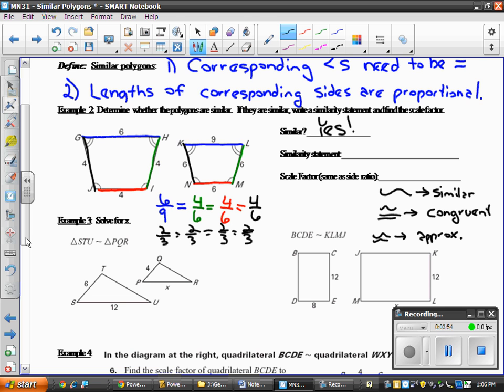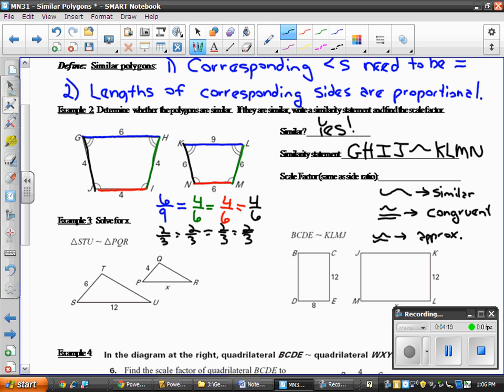So a similarity statement is going to use a similar symbol. And very much like the congruent statement, we're going to start in one corner, like at G, and go clockwise. So G, H, I, J is similar to K, L, M, and N.